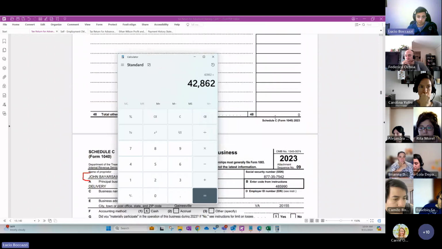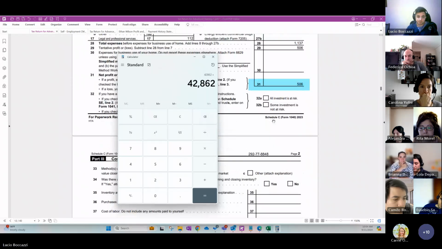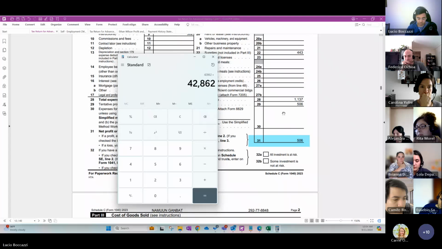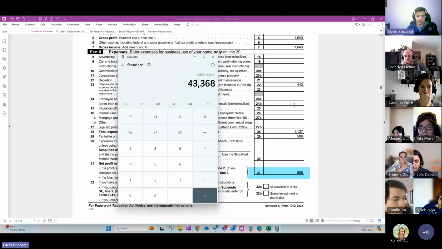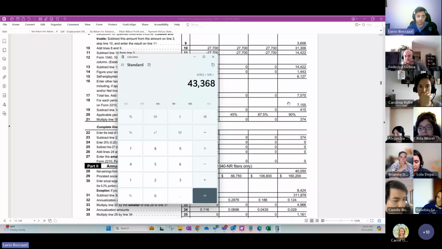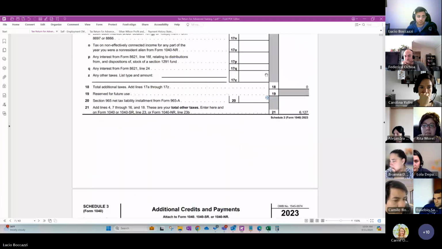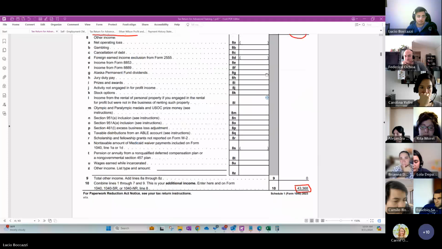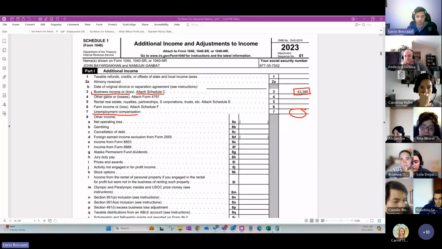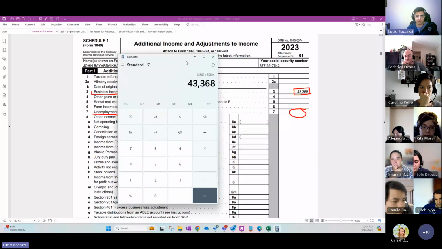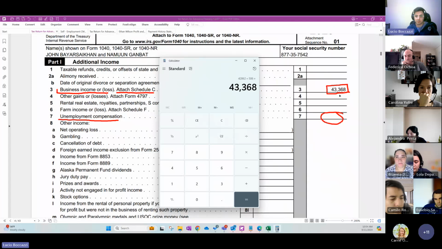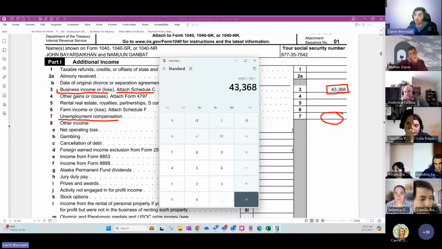Hopefully not, but so I have the amount, and if I go back to the Schedule 1, and I check the calculator, I see that those two amounts match. So we have covered all the Schedule Cs that we needed to cover.